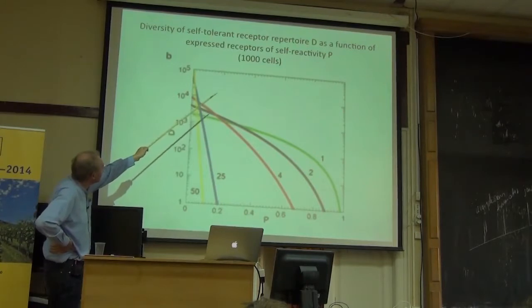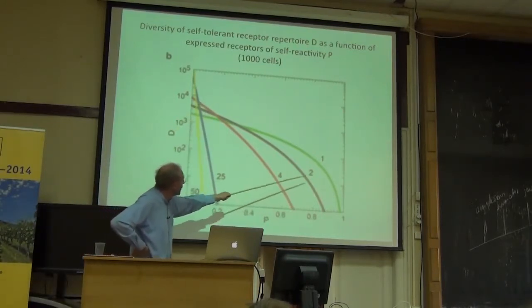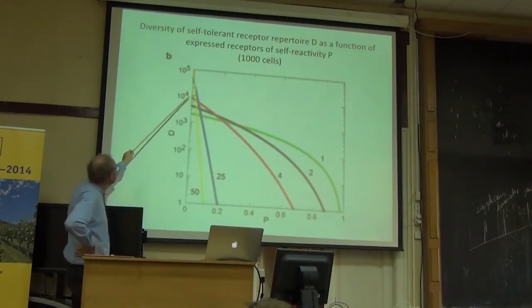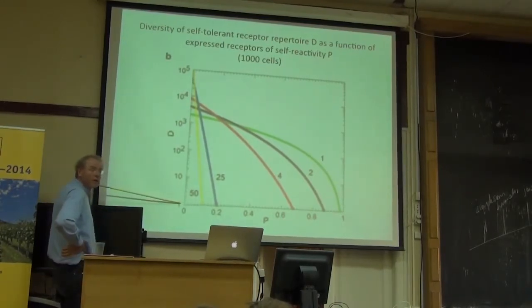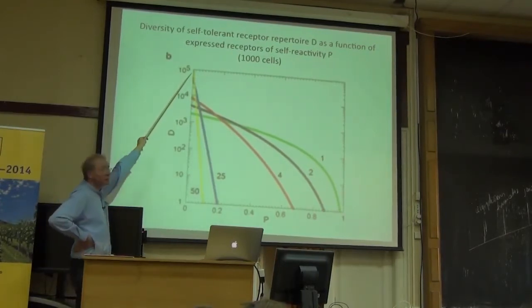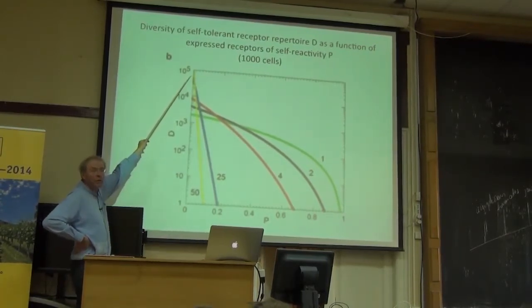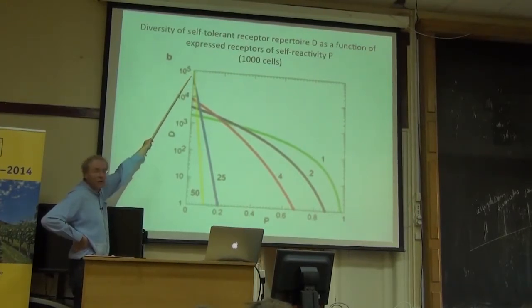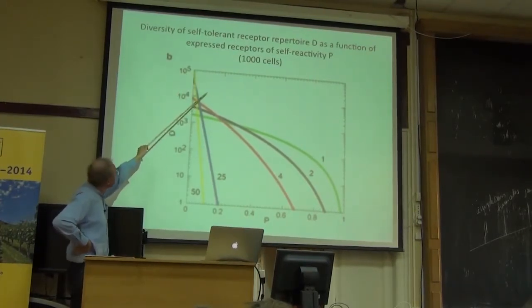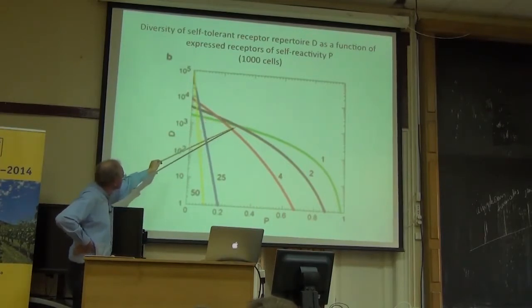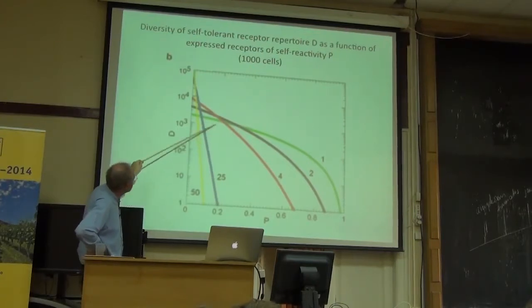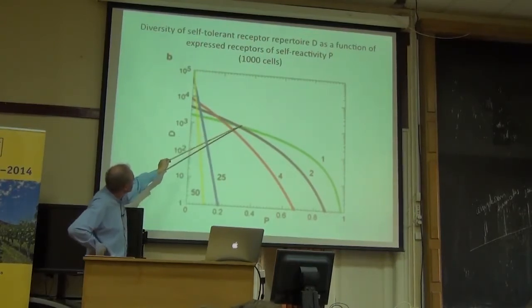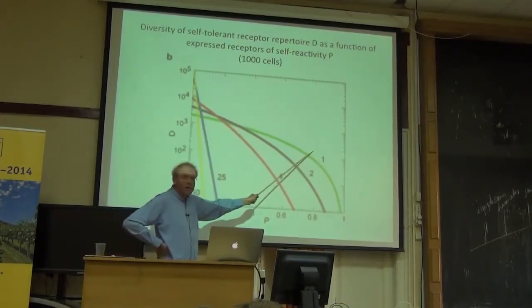So when you look at the self-reactivity, the number of lymphocytes, you see here, of course, when you go towards zero of the probability of self-reactivity, the diversity, of course, is maximal. If you go to 50, 50 times 2 is 100, times 1,000 is 10 to the 5. But you see that these curves in this range here, between 20 and 40%, change, and then as of 40%, number one wins.